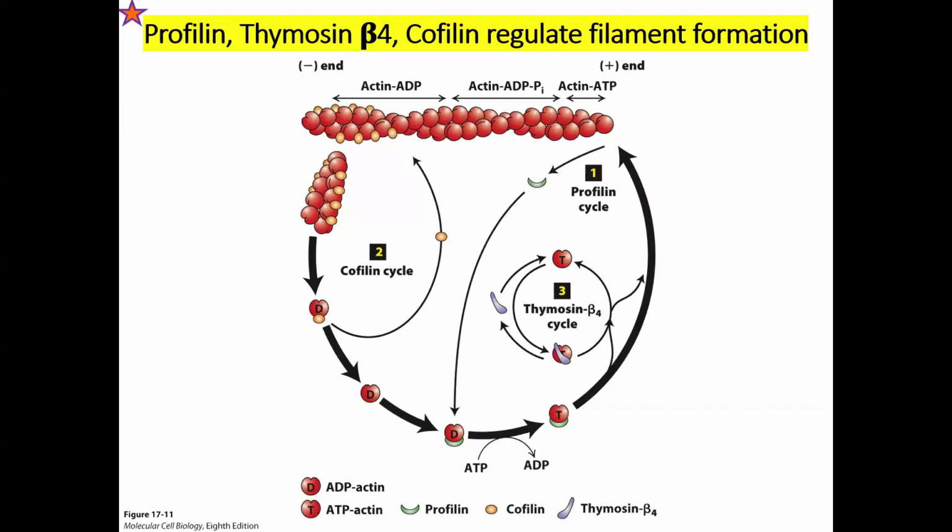Basically, it reduced the available ATP actins in the pool of the cell to essentially compensate the polymerization. So know this cycle very well. This is an important concept as well, how cofilin, profilin, and thymosin beta 4 control and regulate the filament formation essentially.